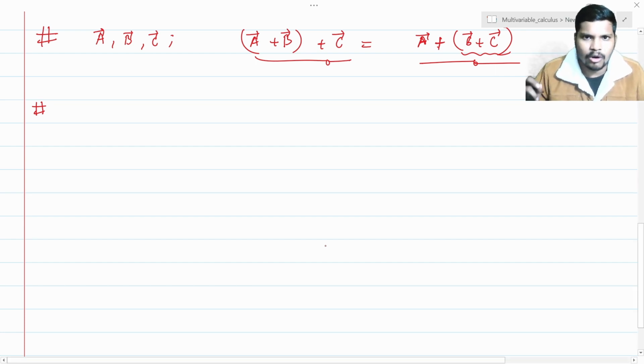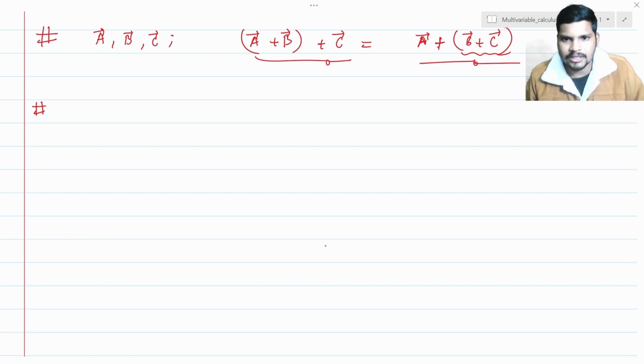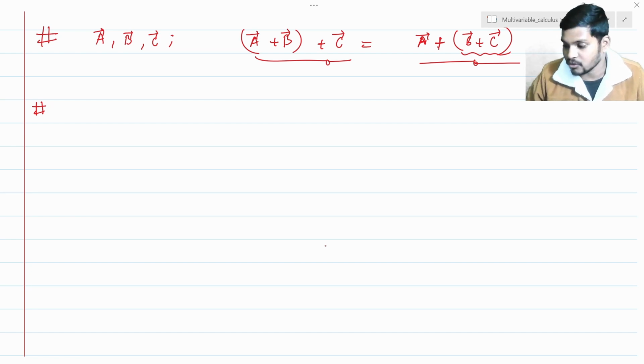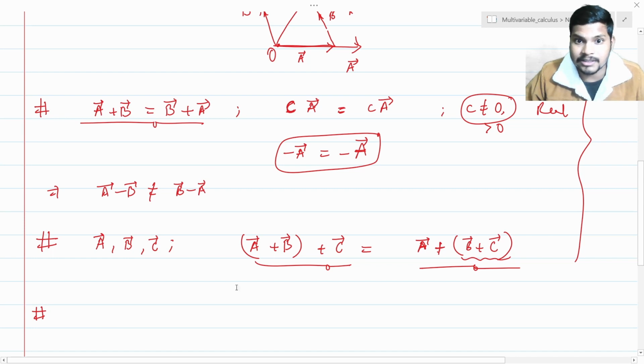A vector in one coordinate system is going to be a vector in another coordinate system. The vector won't change. What can change is the magnitude, which we can call the coordinates of the vector. So a vector is a vector irrespective of which coordinate system you're talking about. That's why these properties are there.